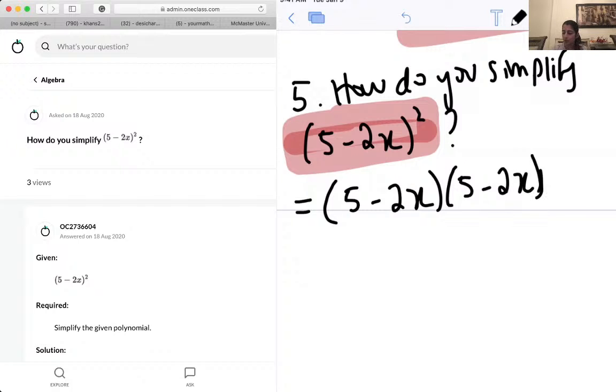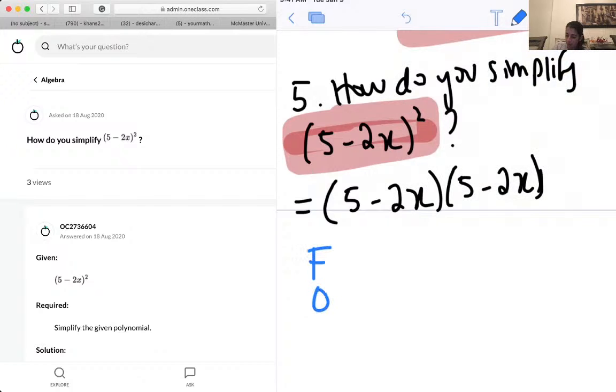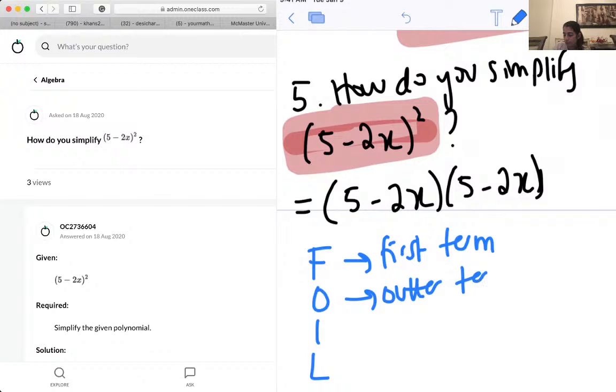We're going to be using FOIL, which basically stands for first term, outer term, inner term, and last term.